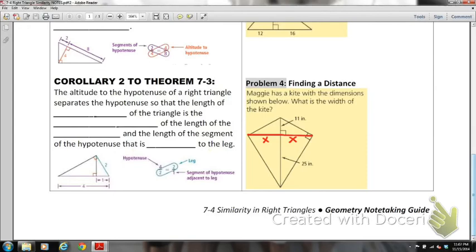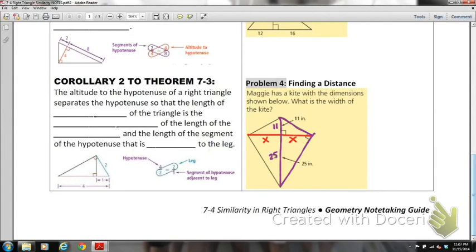So you have to look first at these lengths that we have here in this large triangle. Okay, so let's look at this triangle on the one side first. You have a right triangle, you have an altitude drawn perpendicular to the hypotenuse, and one part of that hypotenuse is 11 and the other part of that hypotenuse is 25.